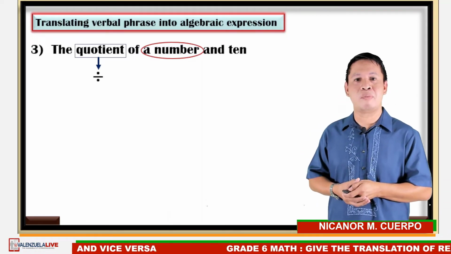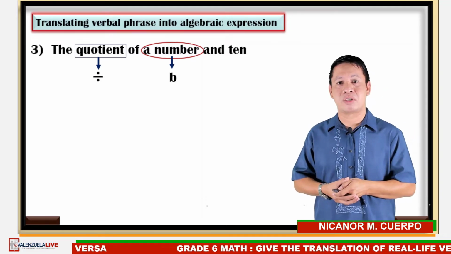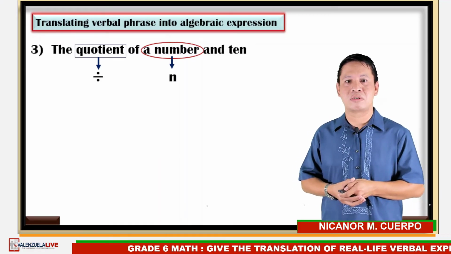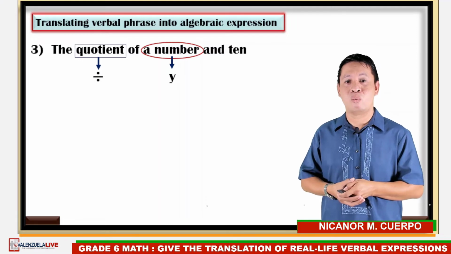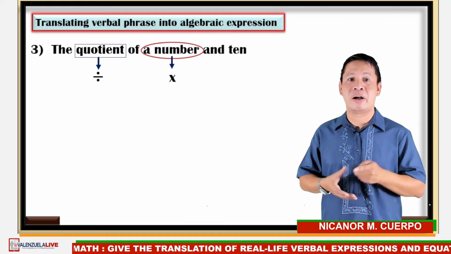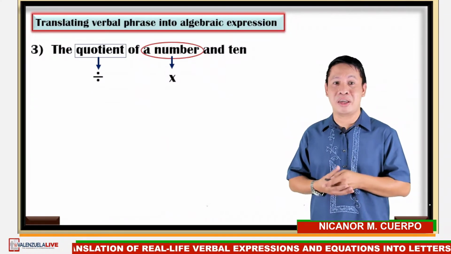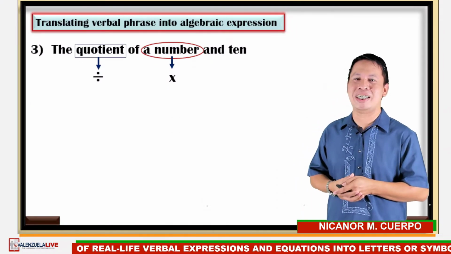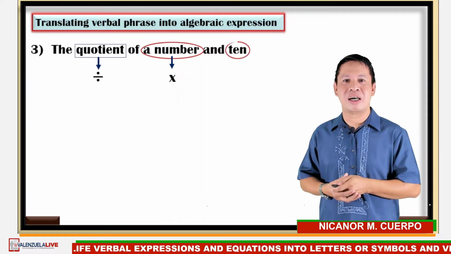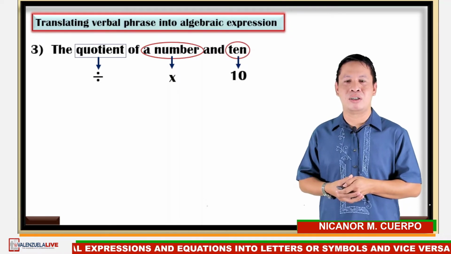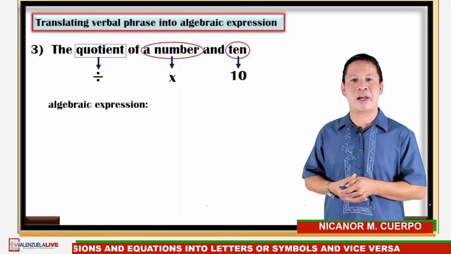So we can use different letters like B, N, Y, X, or any letter of the alphabet. You can also use the initial letter of your crush. Okay? Now, 10. So, what is the algebraic expression?